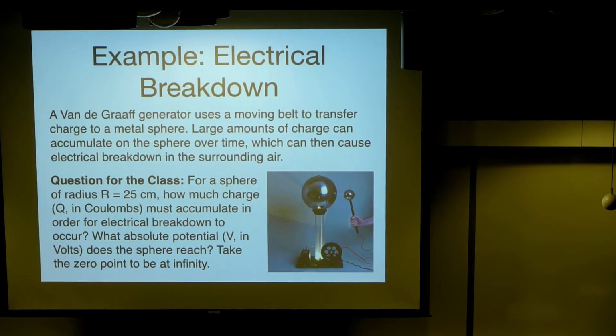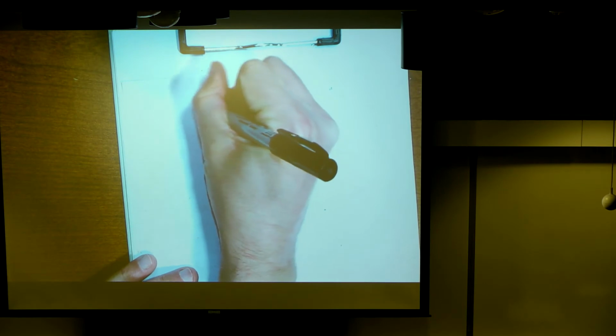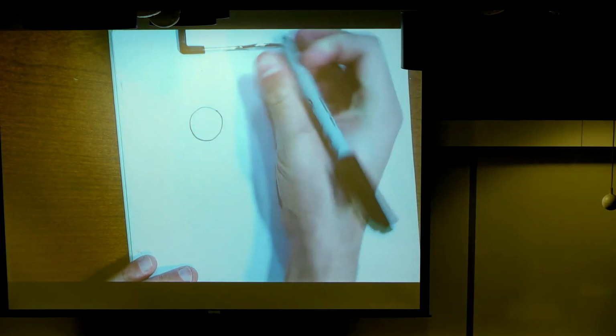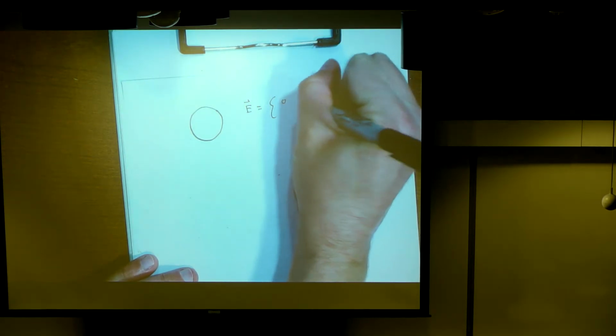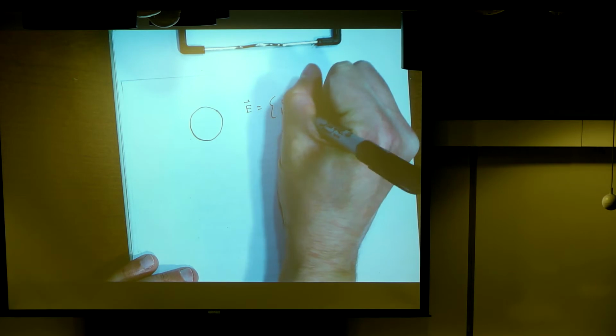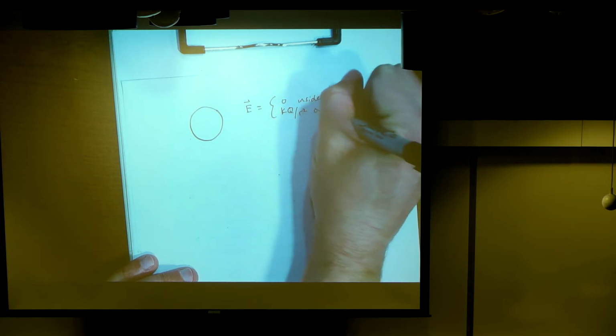3 times 10 to the 6 newtons per coulomb. All right, let's see if anyone has the first part. So for this first part, we remember that if I have a conducting sphere, the electric field is equal to 0 on the inside, and then it's given by kq divided by r squared on the outside.